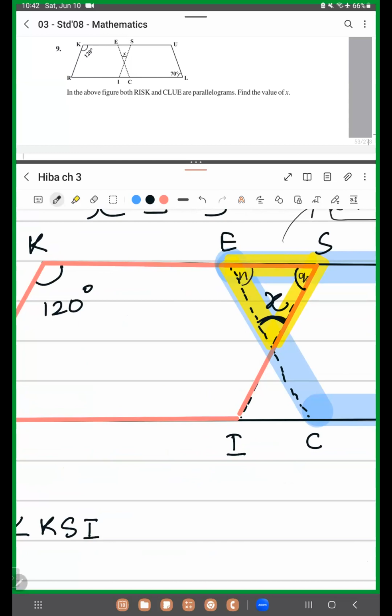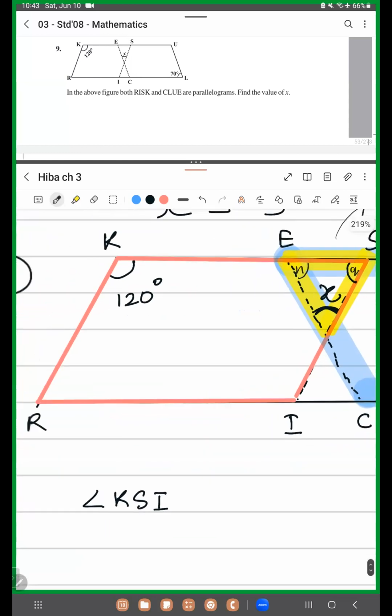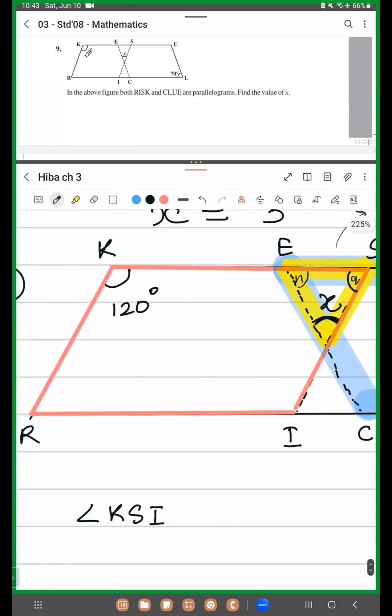Yes? So now forget about N, forget about X. Look only and only at the pink parallelogram. Can you see Q, and what is the relationship between 120 degrees and the angle Q? Therefore, their sum is 180 degrees. What are 120 and Q called?